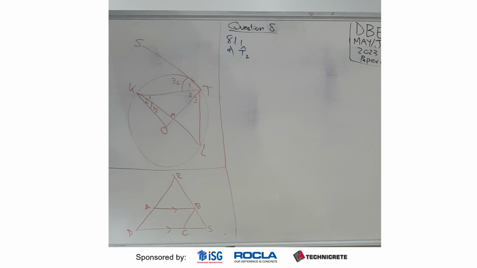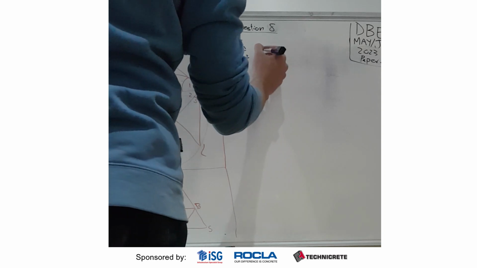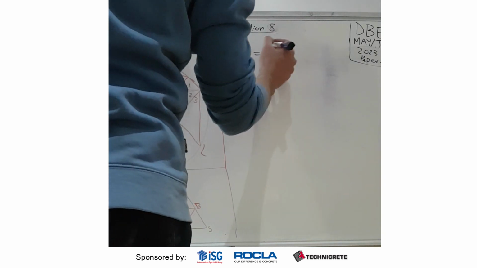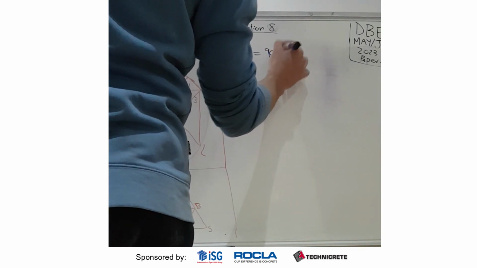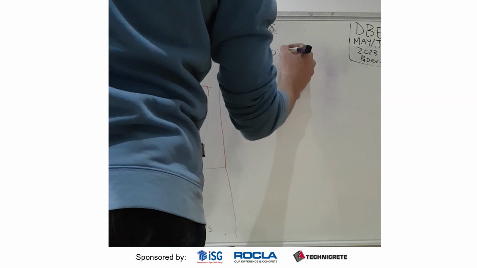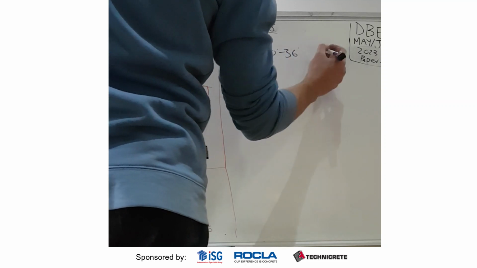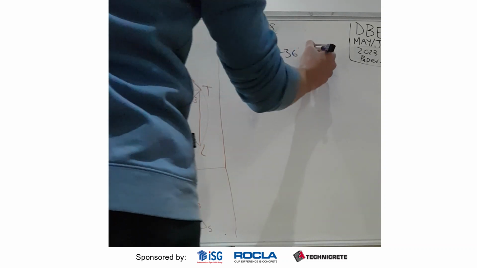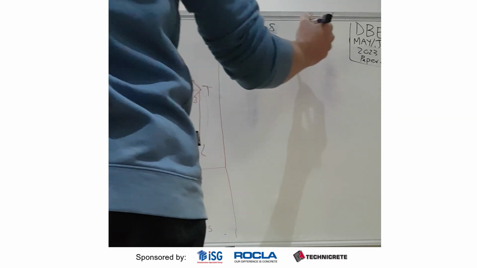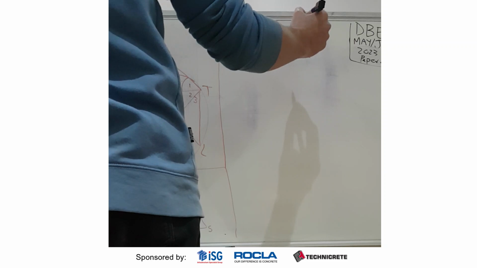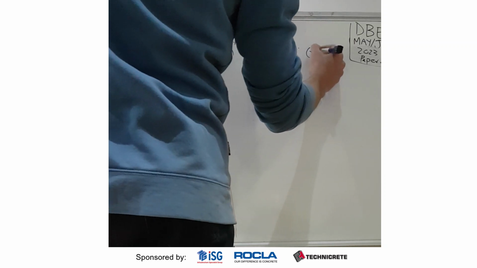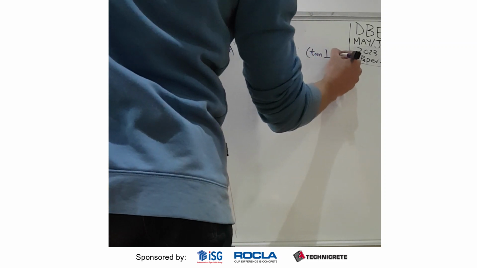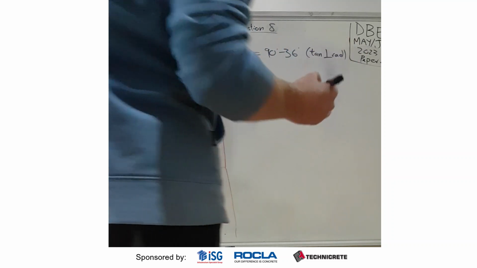Right, so this is easiest of a lot. T2 is equal to 90 degrees minus 36 degrees. Why do I say that? Because tangents are perpendicular to radii.